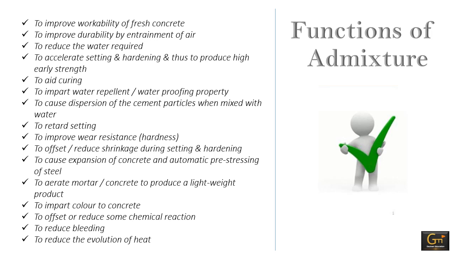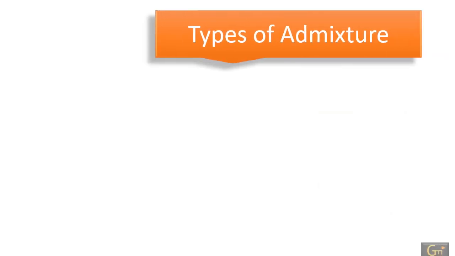So there are many types of admixture which are used to reduce some chemical reactions and also used to reduce bleeding. Bleeding is the main cause of concrete mix failure. So we can use such types of admixture to reduce the bleeding problem, and it is also used to reduce the evolution of heat.